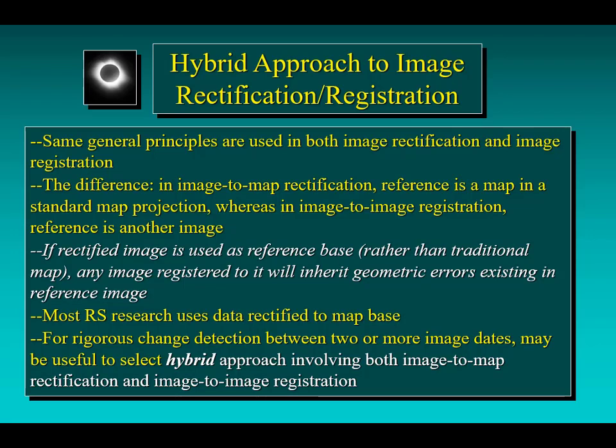However, there could be instances where, for example, if we're performing a rigorous change detection between two or more dates, it might be useful to select what is referred to as a hybrid approach that involves both image-to-map rectification as well as image-to-image registration.